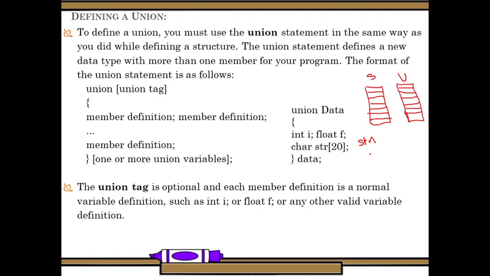What happens if in student I am using name and roll number? These are the two members we are using.